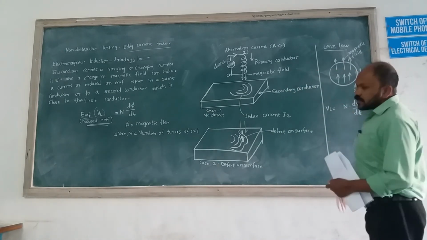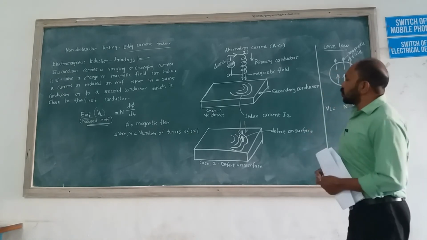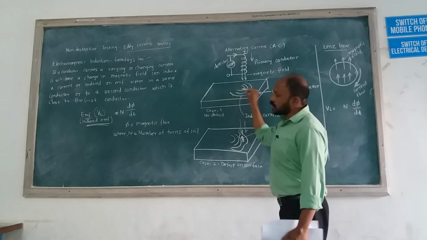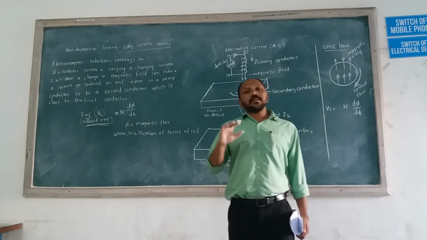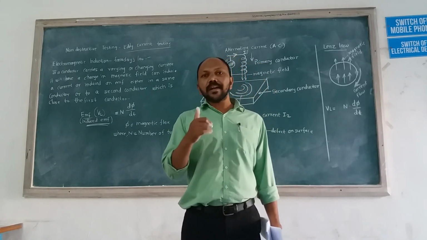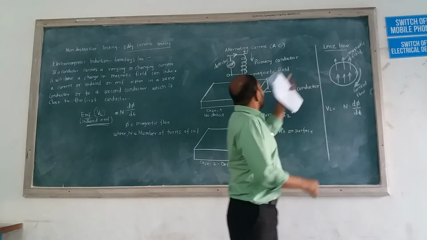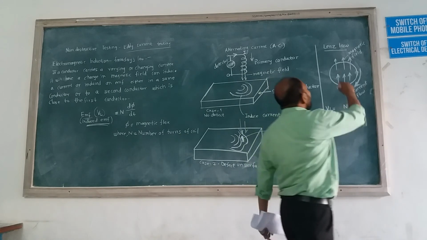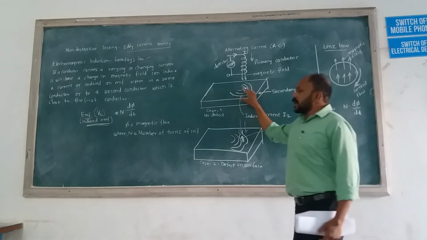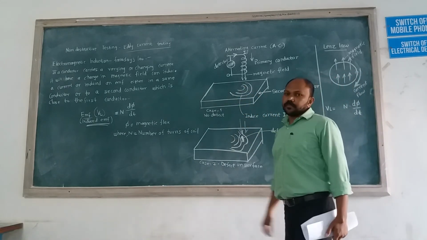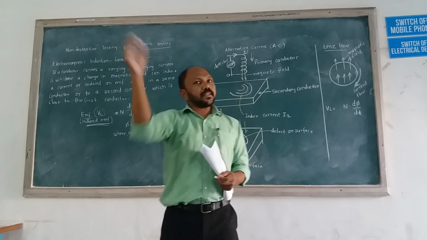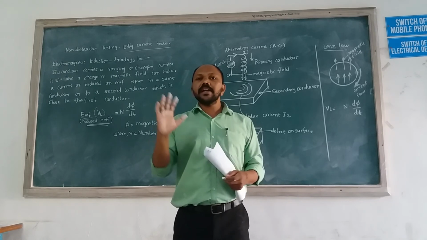Due to this induced current, how do we show the magnetic field? Wherever current flows, some magnetic field is again generated around that current. In which direction do we show that magnetic field? It is related to the primary magnetic field. If the primary magnetic field is in the upward direction, how do we show the magnetic field for this secondary, induced current? For that purpose, there is a law called the right hand rule.